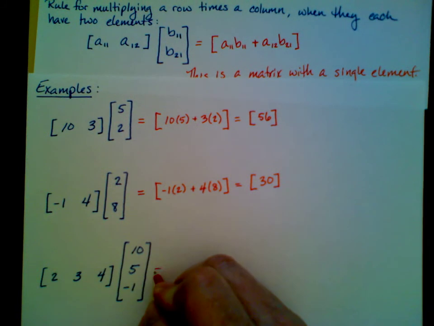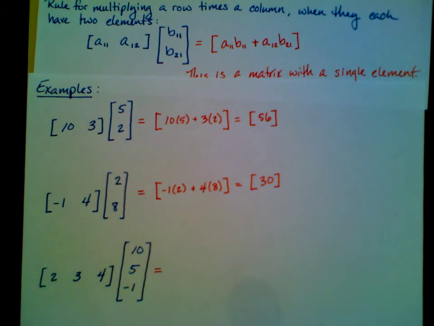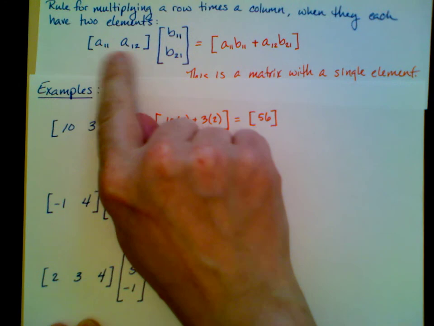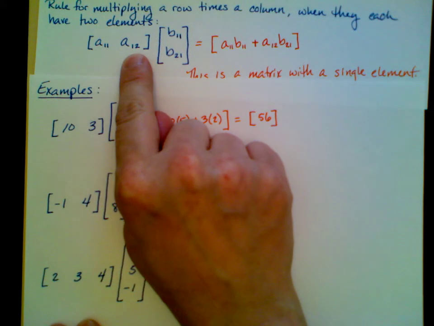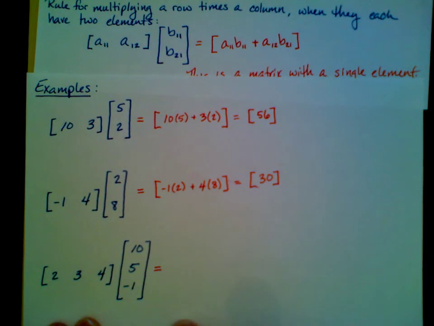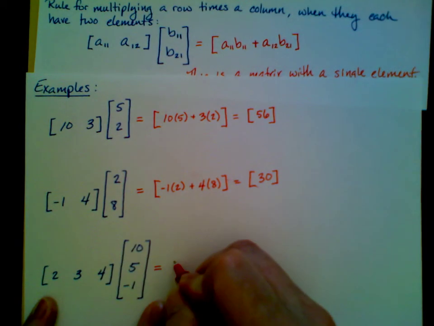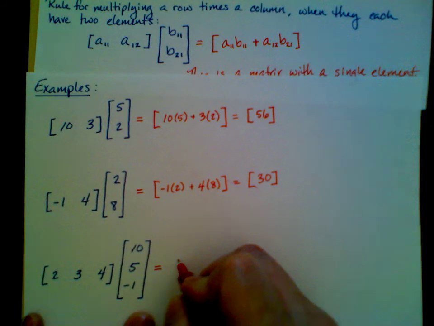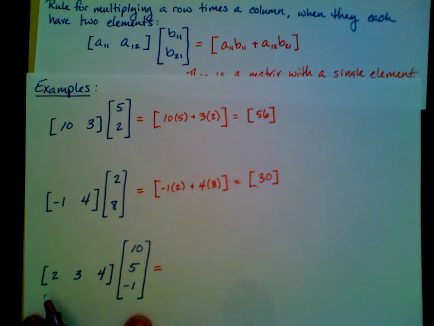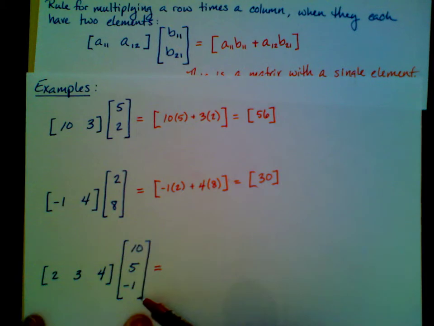And now, if you look at this third example, this actually doesn't follow the rule that we just had, because this rule worked for only 2 elements. Technically, we'll get to the rule that covers this in a moment, but I want to point out how this pattern is going to work. We're going to do the same thing with this larger setup. Notice that I have 3 elements in my row and 3 elements in my column.